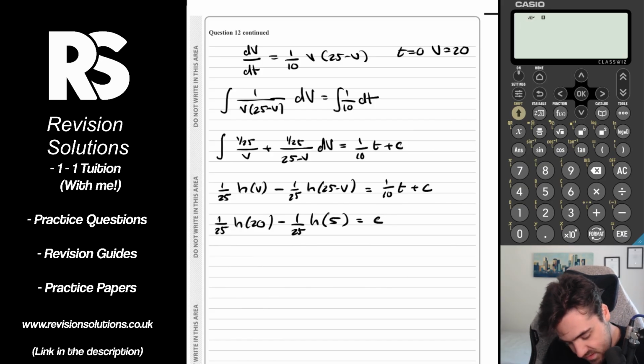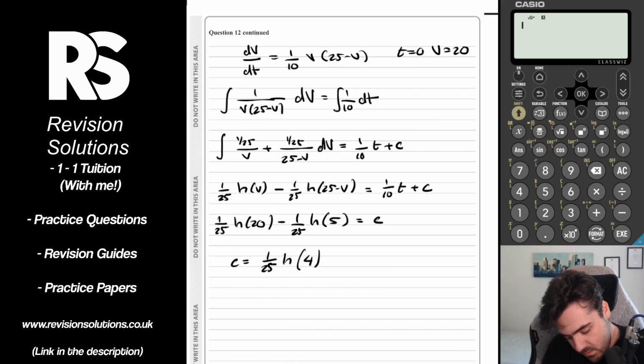If we simplify that, we could factorize out the 1 over 25, and then using the subtraction rule for logarithms, just divide the insides of the logarithm. So c would be 1 over 25 natural log of 20 divided by 5, which is 4.